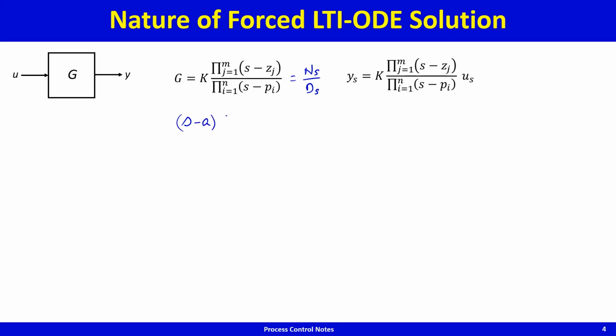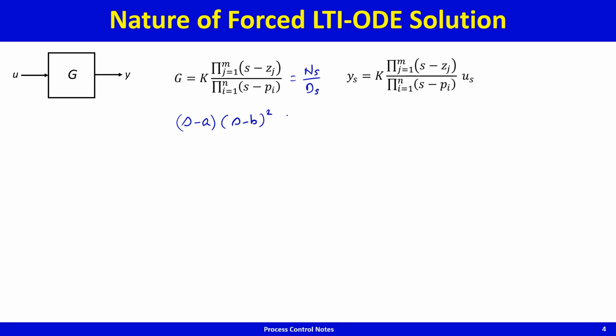You could have real repeated, for example, s minus b to the power 2. So that's s equal to b as the root repeated twice. You could also have complex roots, but they will have to occur in conjugate pairs. Otherwise, you cannot get real coefficients of the powers of s.